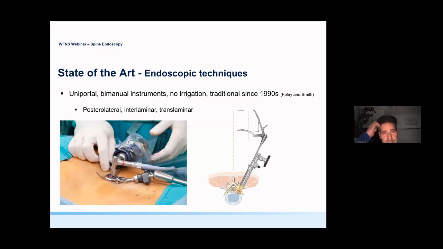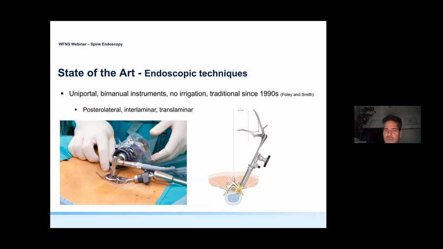This is an image of the uniportal bimanual technique with no continuous irrigation. The irrigation can be performed by an assistant. This is the Storz system, EasyGo, but there are other systems on the market or were on the market from Medtronic, the METRx system first, that allows you to perform a wide variety of surgeries for different pathologies.